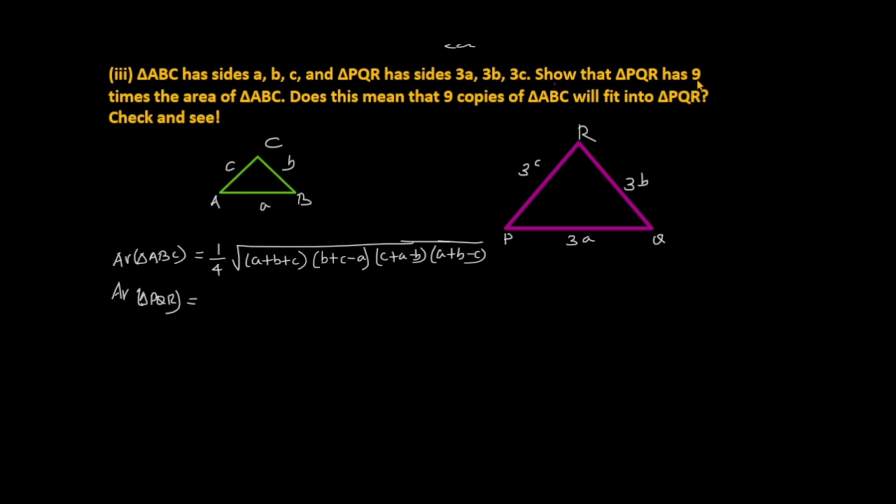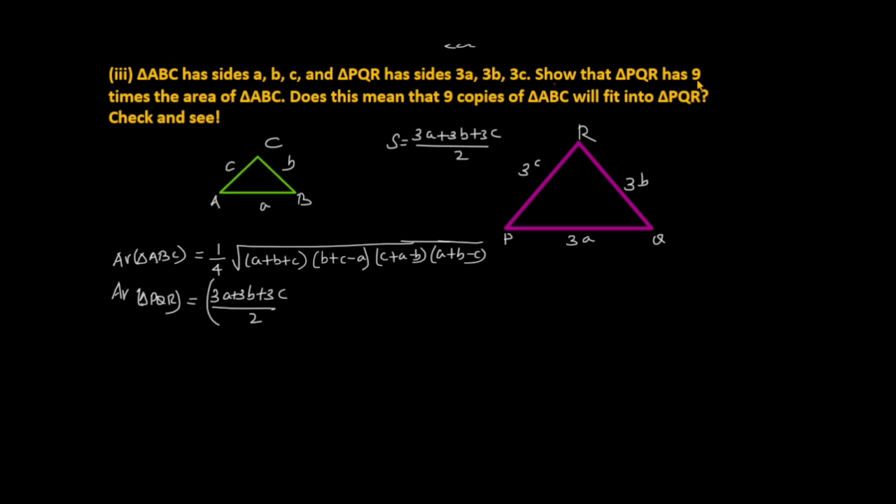That is, for PQRS, the semi-perimeter S is equal to 3A plus 3B plus 3C by 2. Keep as it is.